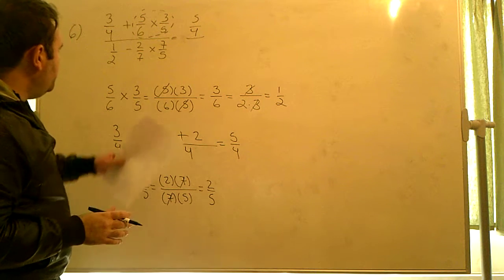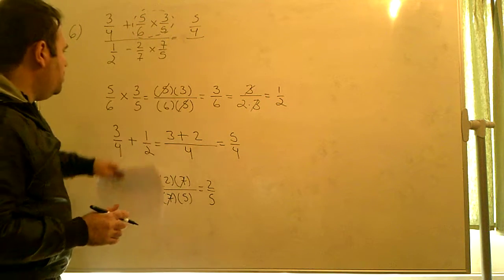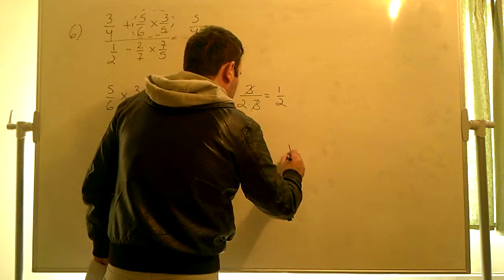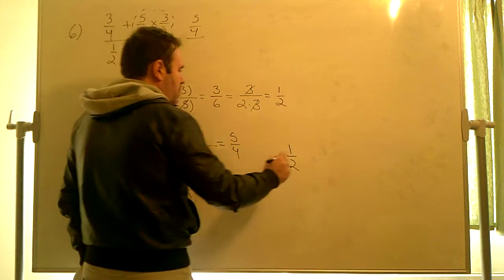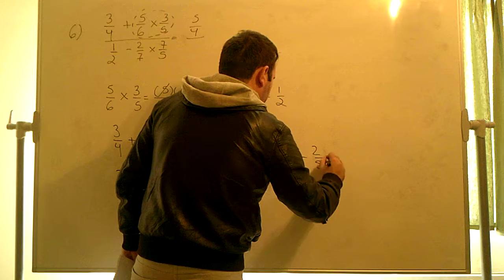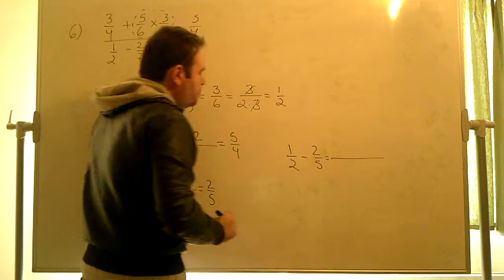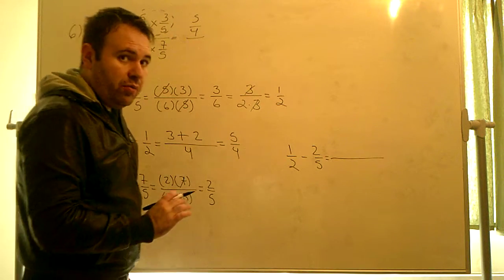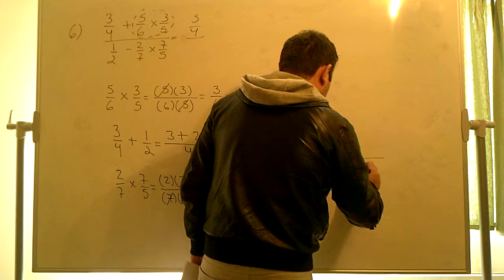And then we would need to work out this difference. So we would have 1/2 minus 2/5. So the least common multiple would be 10.